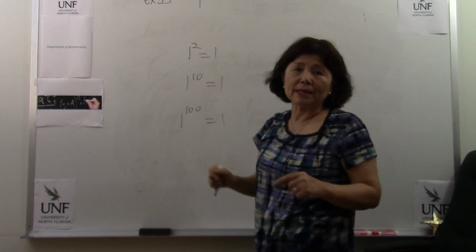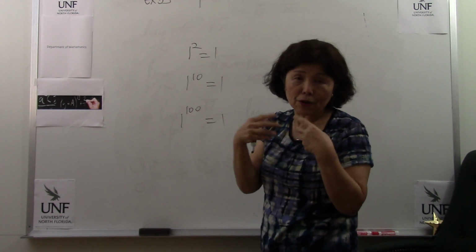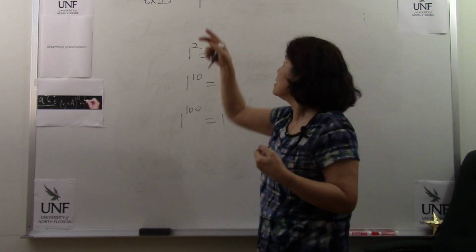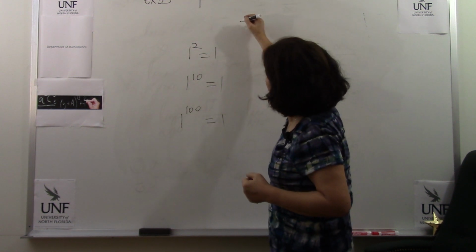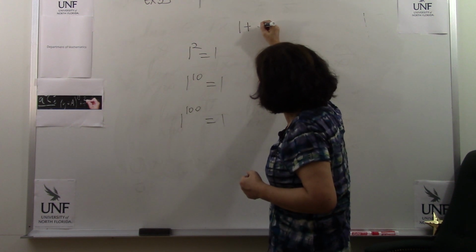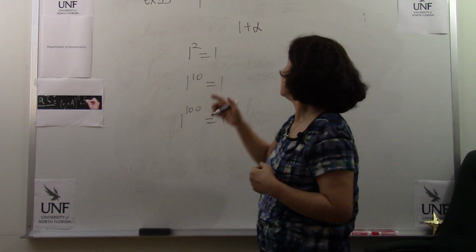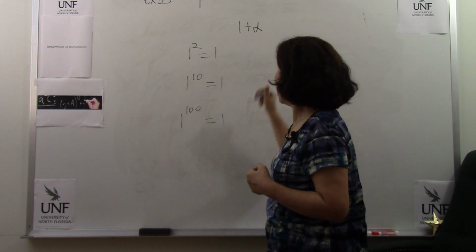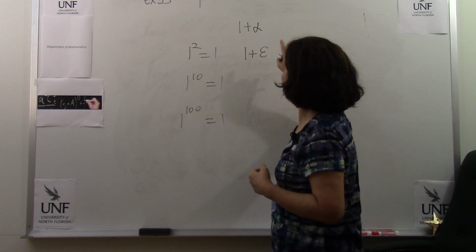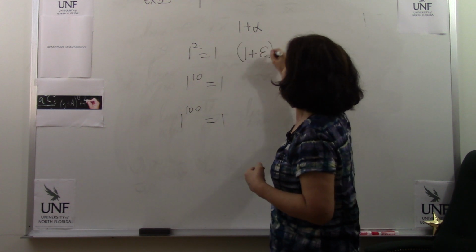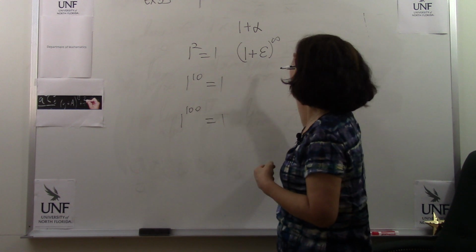But in terms of a limit problem, this 1 is very, very close to 1. So for example, you add just a little bit. In math we use alpha, or 1 plus epsilon. When you add a little bit more and then raise the power, and it goes to infinity.